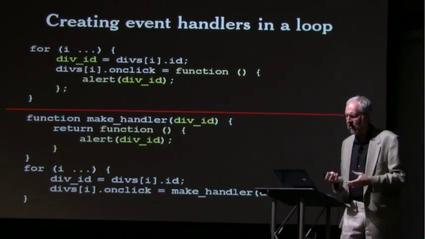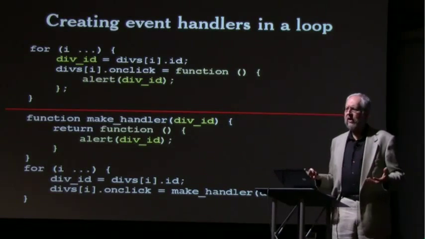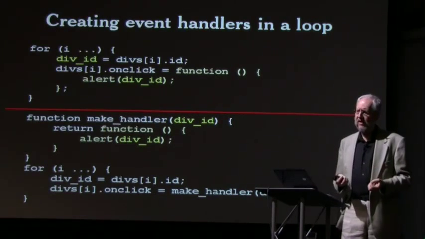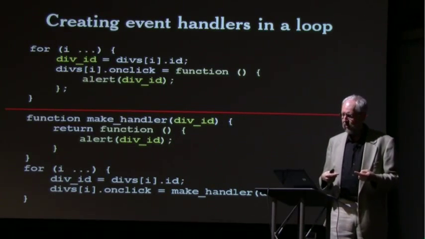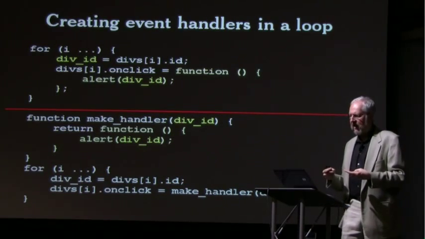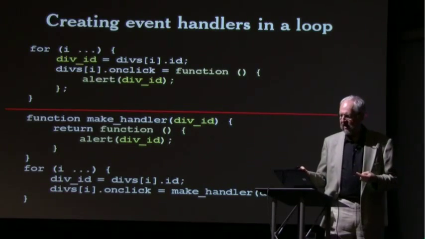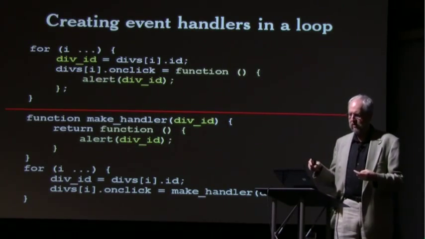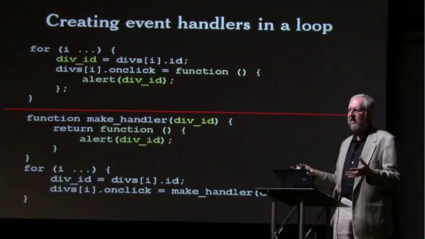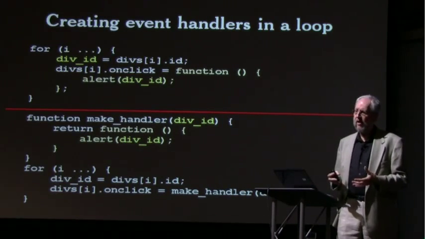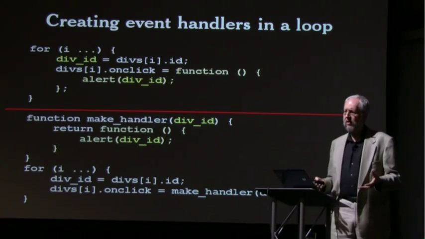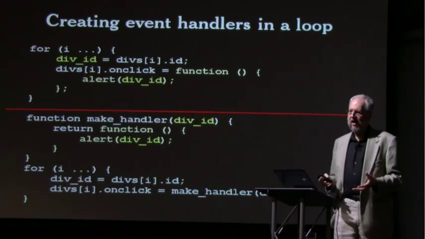A really common error, say you've got an array of divs and you want to attach an event handler to each one. So you go through the array in a loop, and for each one you want to add an onClick handler which will display its ID number when it's clicked on. And what you find is that they all come up with the same number, and it's the wrong number.